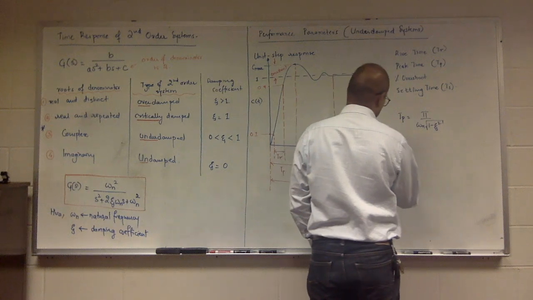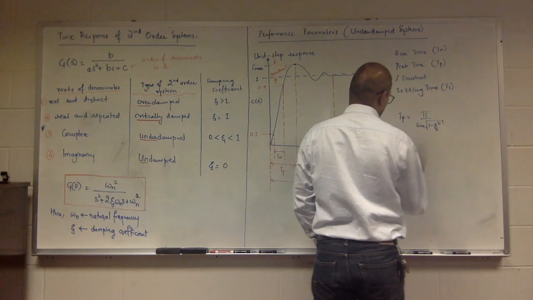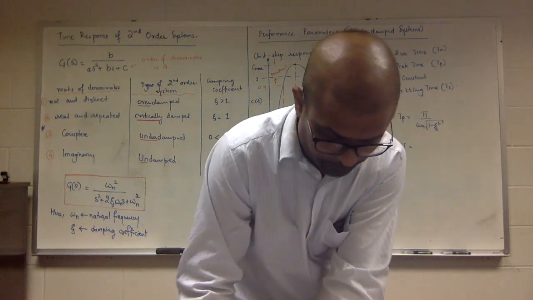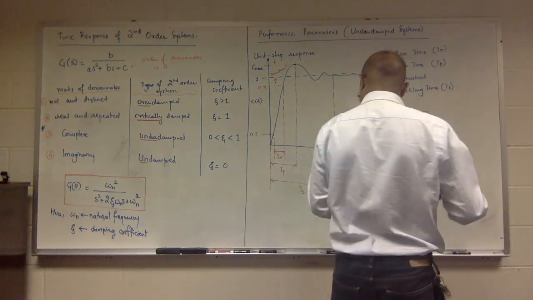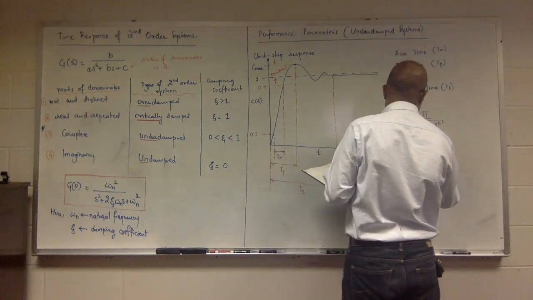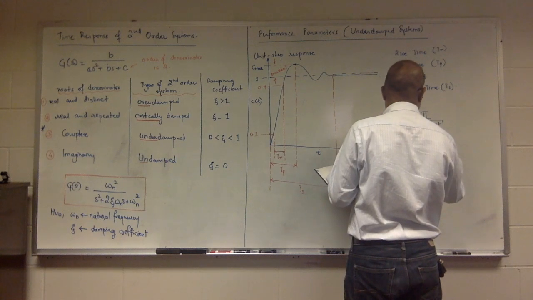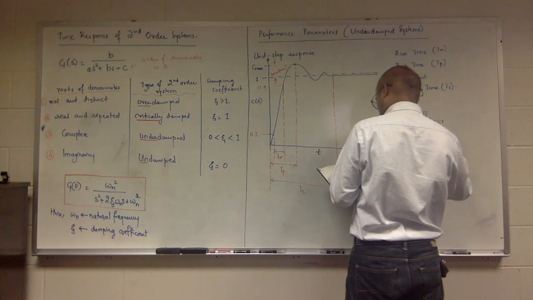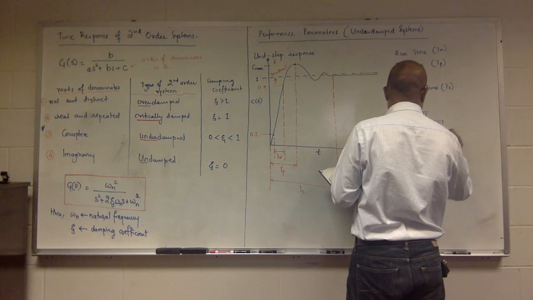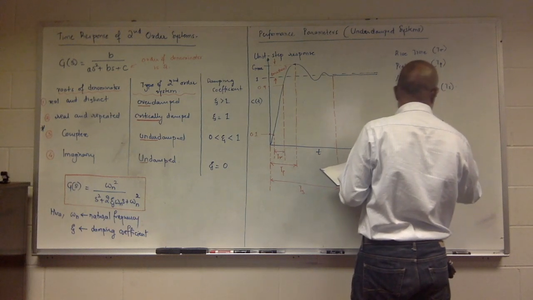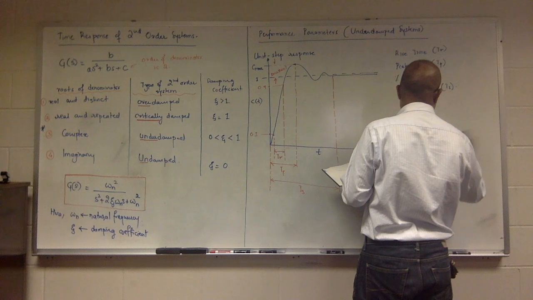Percentage overshoot is e to the power of minus zeta pi divided by root of 1 minus zeta square.